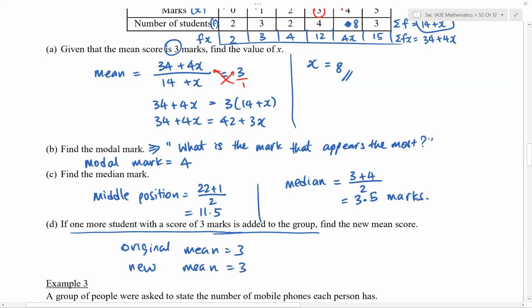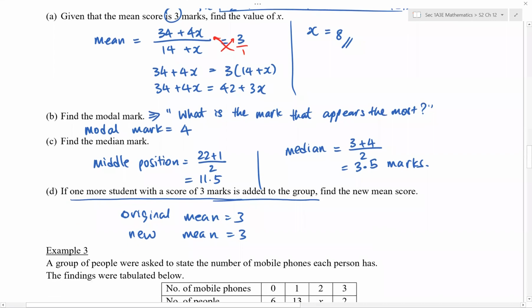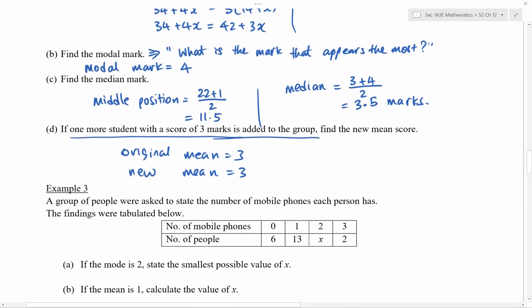It is still 3. You can go ahead and take 22 times 3 to find out the original total number of marks. Then you add in another 3 marks. You divide this by 23 students. You'll find that the mean is still 3. Okay, so that one you can try out by yourself.